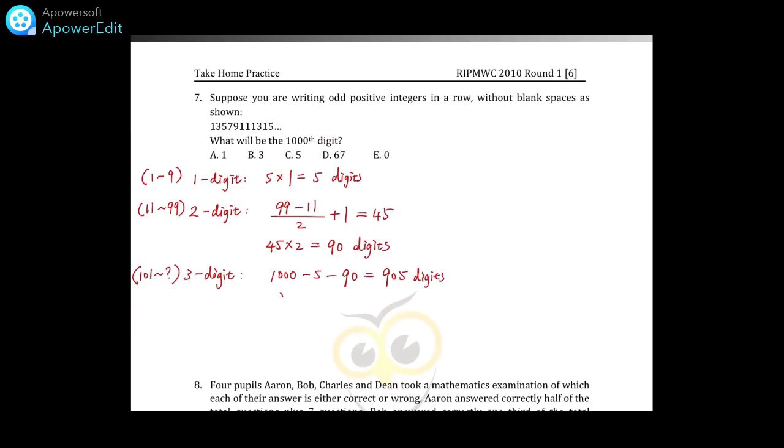So since each number contains 3 digits, divided by 3 equals 301, remainder 2. So there are 301 3-digit numbers. Now for the 1-digit and 2-digit numbers, we have 99 numbers. So altogether, that's 99 plus 301. We got 400 numbers.